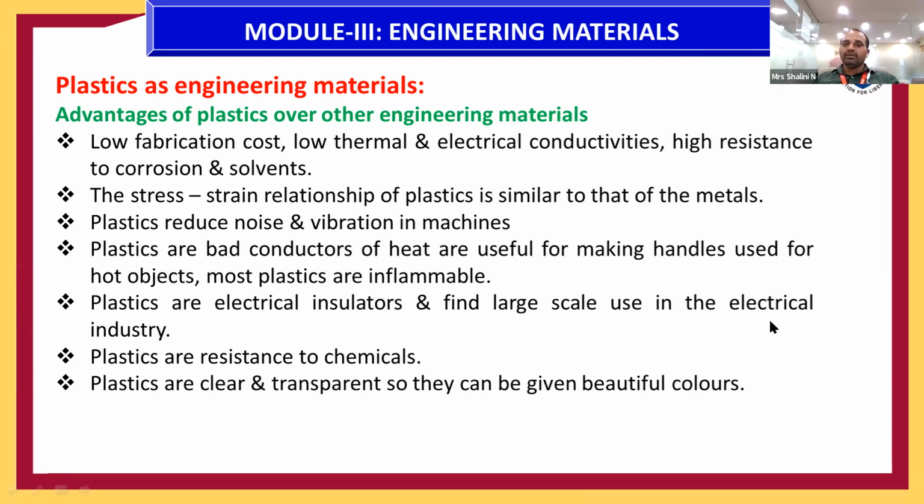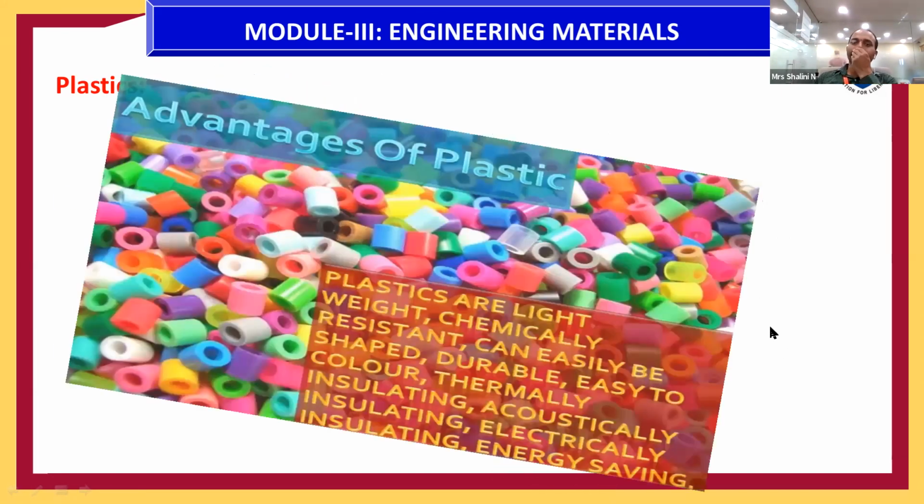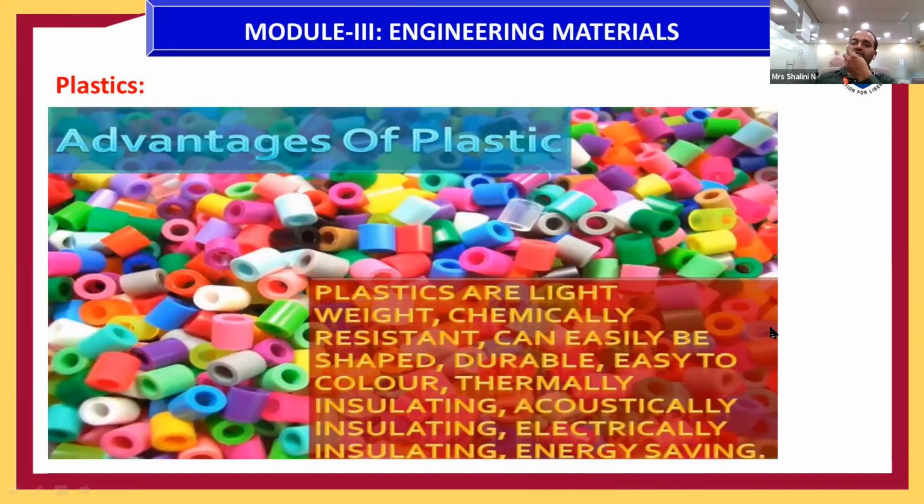Okay, these all are the advantages of plastics over the engineering materials. Plastics are lightweight and chemically resistant, can easily be shaped, durable, easy to color, with thermal insulating properties, electrical insulating properties, and energy saving.